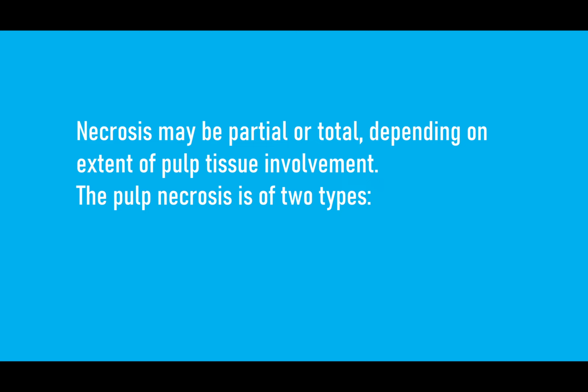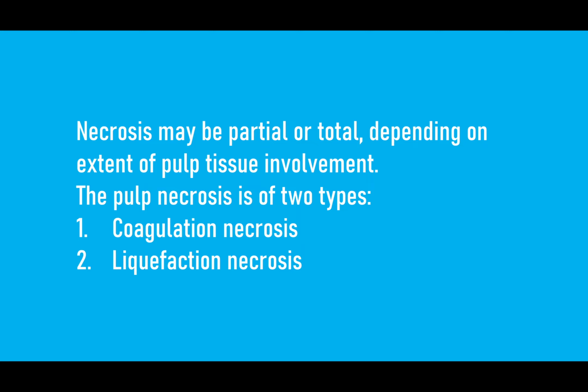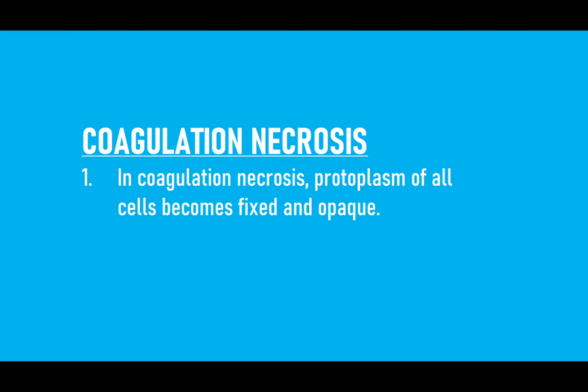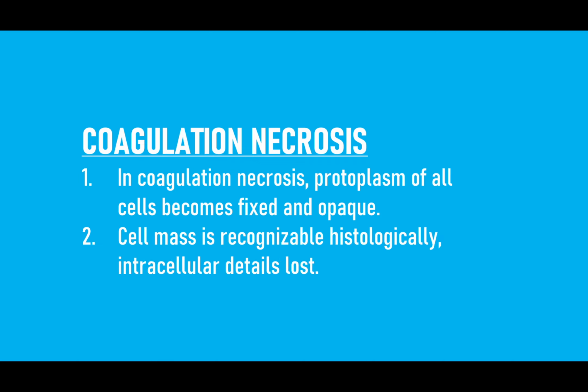But if the major or all area of pulp is involved, it is total necrosis. The pulp necrosis can be classified into two types depending on the type of necrosis: coagulation necrosis and liquefaction necrosis. Coagulation necrosis: the protoplasm of all cells becomes fixed and opaque. Cell mass is recognizable histologically.